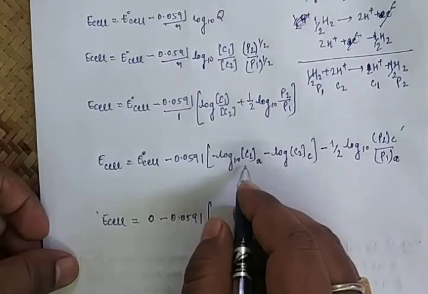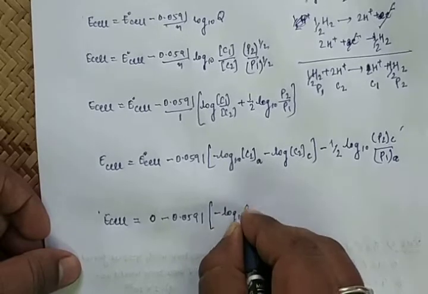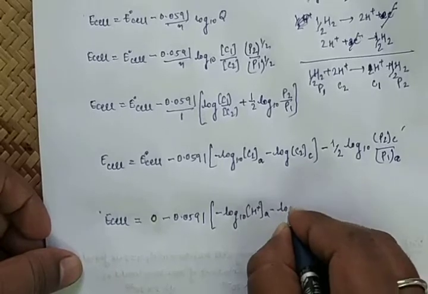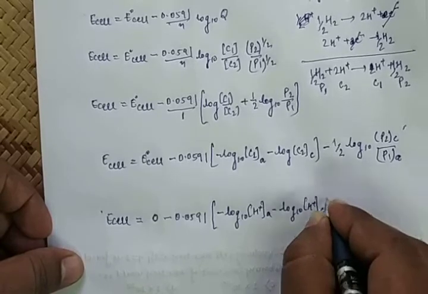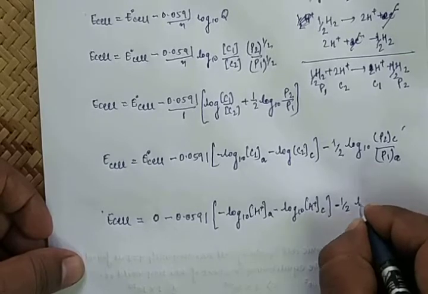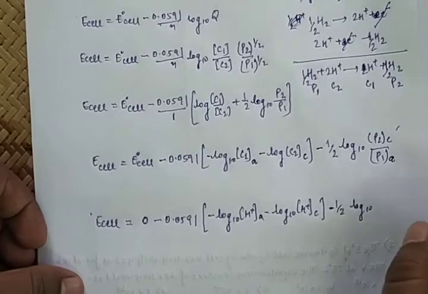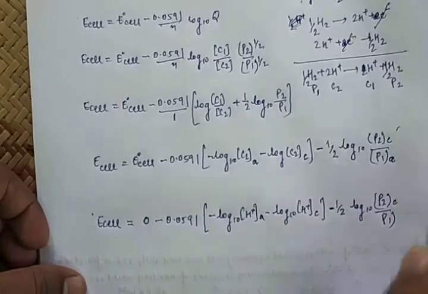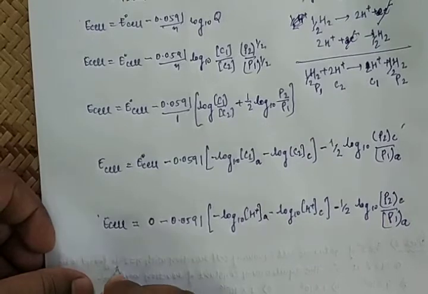Just write down C1 concentration is H plus for the anode, and C2 concentration is H plus for the cathode, and this is minus half of log of base 10 P2 cathode upon P1 anode. Yes, P1 anode.